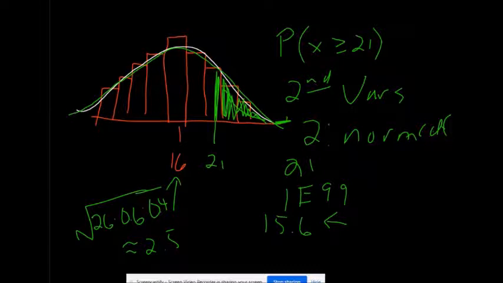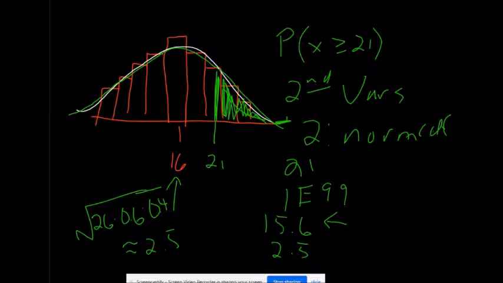Right, so if you're figuring out the probability of greater than or equal to 21, we need to type into the calculator the standard deviation of 2.5. Now, if you do that, which I'm going to do right now, lower is 21, 15.6 and 2.5.